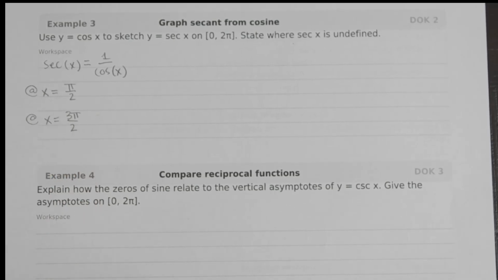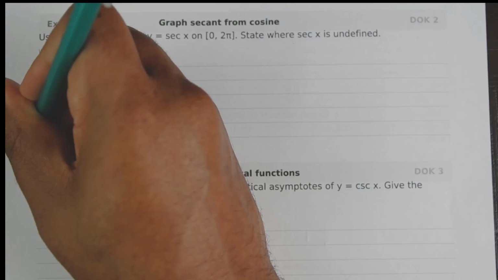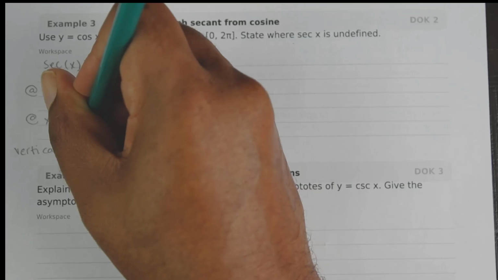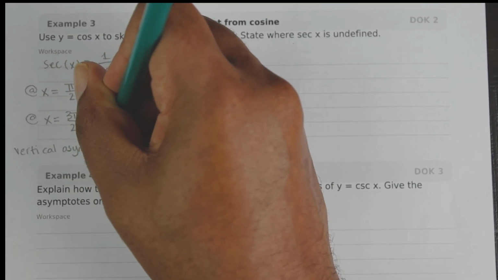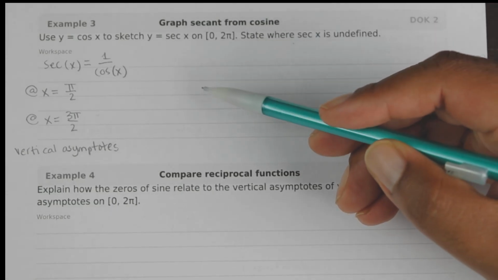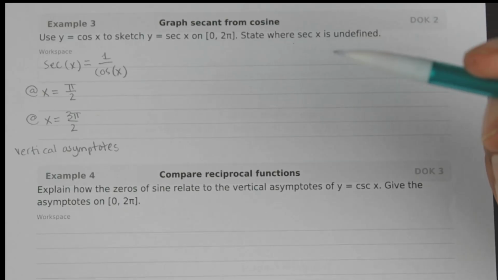Now, secant x is undefined at x equals pi over 2 and x equals 3 pi over 2. Those values become the vertical asymptotes, where you would have to sketch the dotted line.